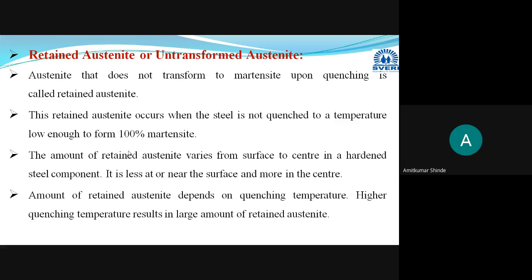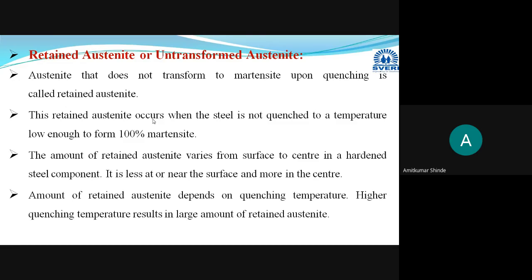I will summarize it. What is the meaning of retained austenite? The austenite which does not transform to martensite upon quenching will be termed as retained austenite. Sometimes in high carbon steels, the Mf temperature, that is the martensite finish temperature, is below room temperature, or in the negative temperature zone.